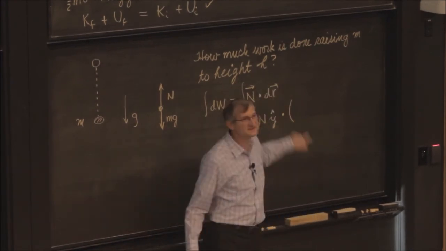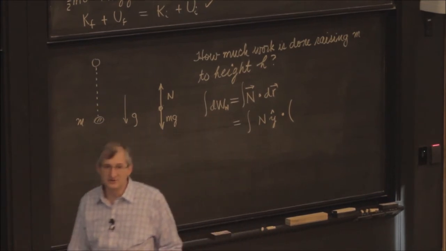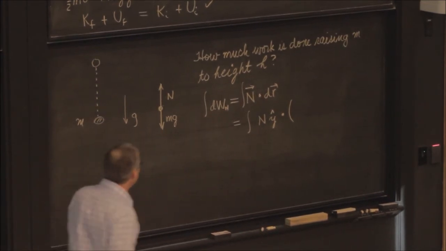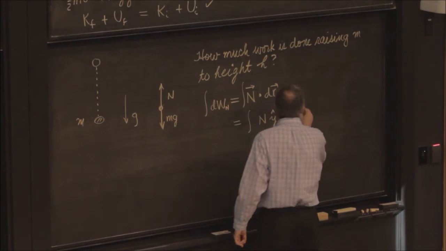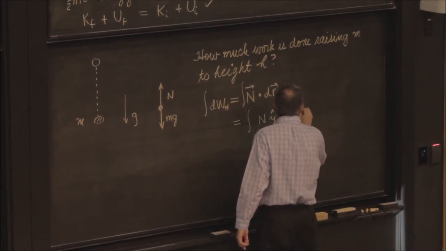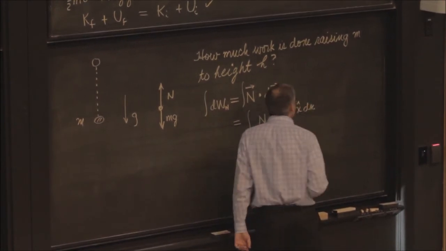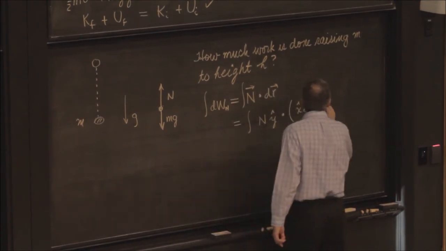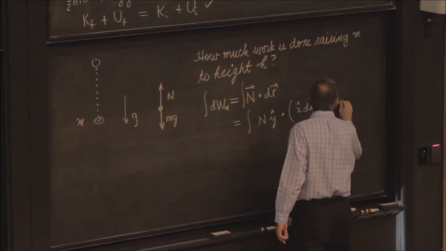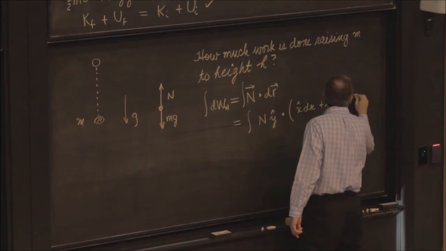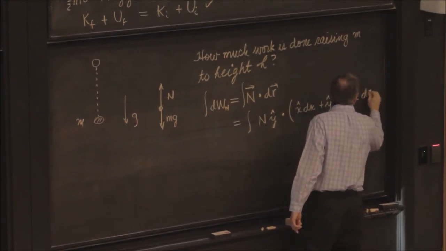In principle, you could go in any direction you like. So I could write it out as: in the x direction, I take a step dx. In the y direction, I take a step dy. In the z direction, I take a step dz.